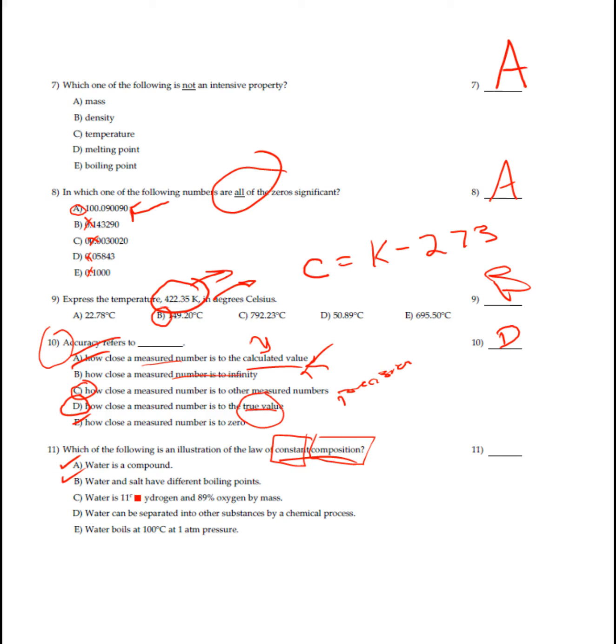Water is constantly 11% hydrogen and 89% oxygen by mass. That is going to be true. All right, this is true, but once again, doesn't have anything to do with its composition. This is the only one, C, that tells us about what it's composed of. And E, once again, true, but an incorrect answer to this problem.